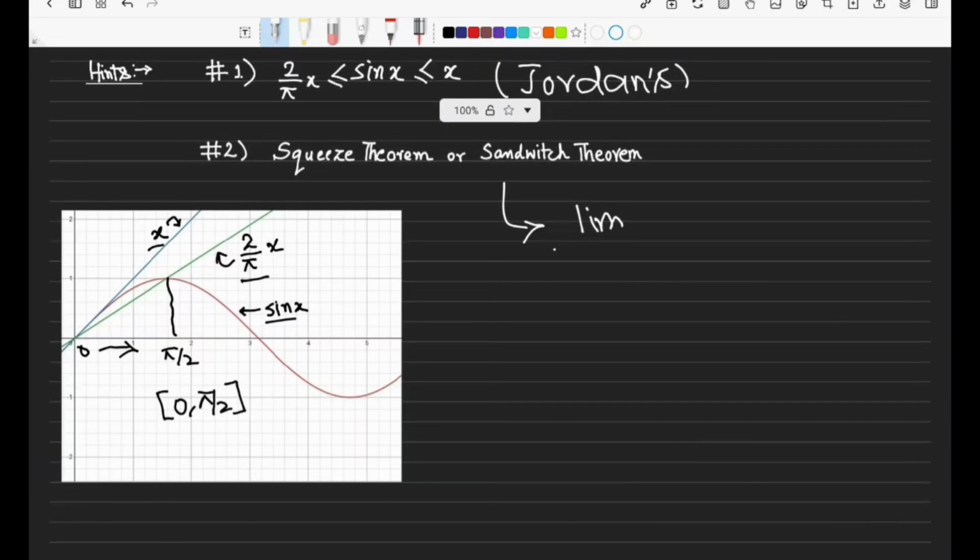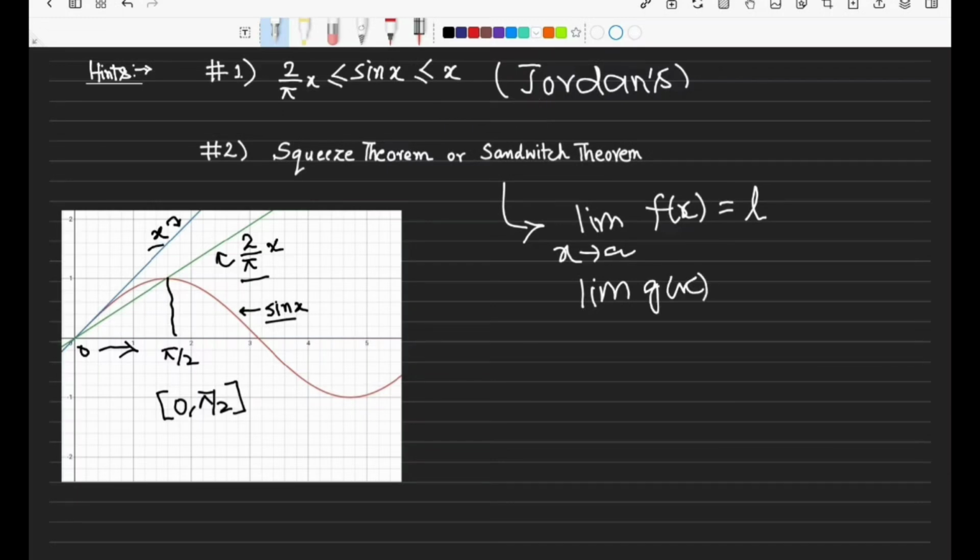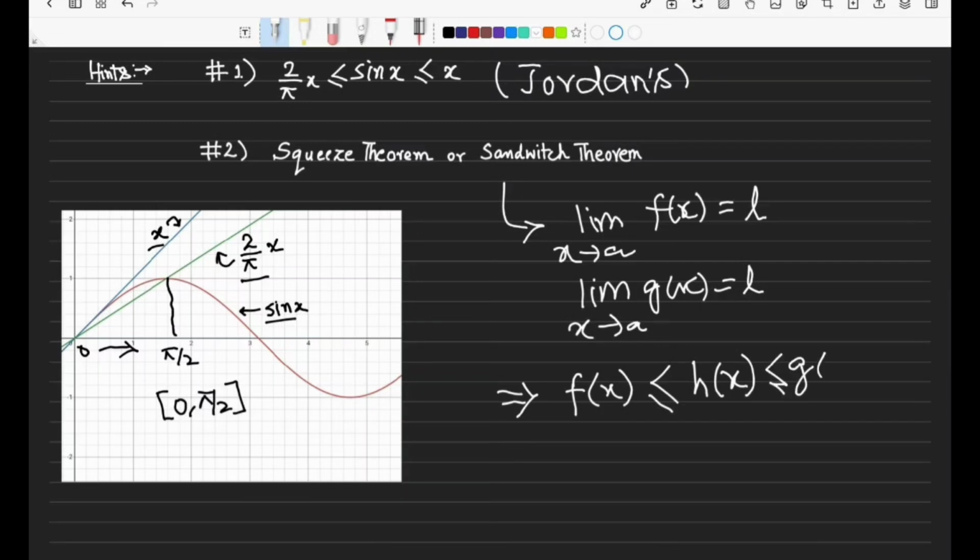That is, limit of f of x as x tends to a is equal to L, and limit of g of x as x tends to a is equal to L. Then what we can say is that if f of x is less than or equal to h of x, which is less than or equal to g of x, for some function h of x, it may be any function, doesn't matter, then the limit of h of x as x tends to a is equal to L, right? This is the sandwich theorem or squeeze theorem.